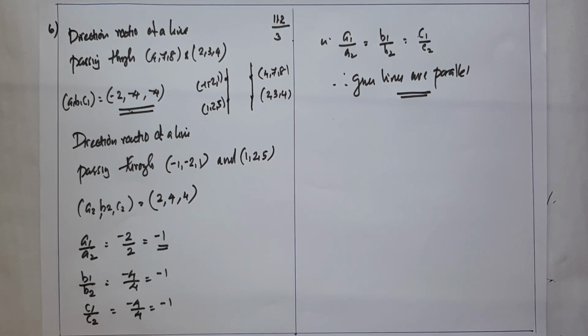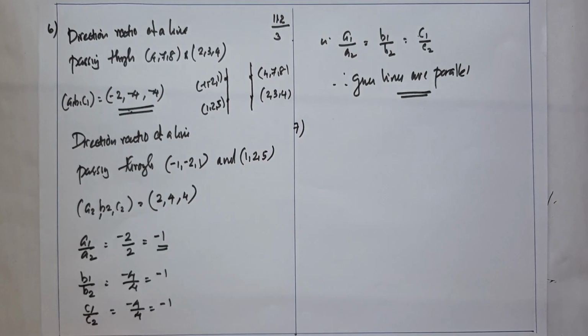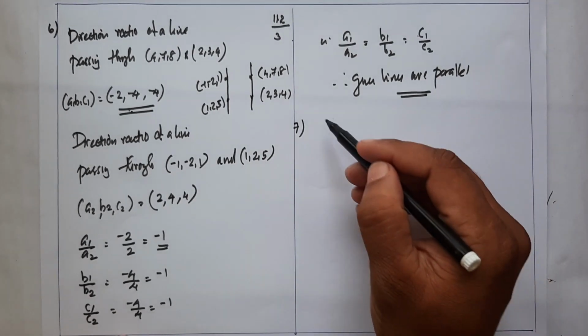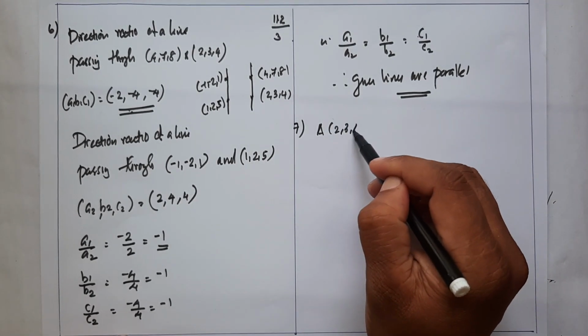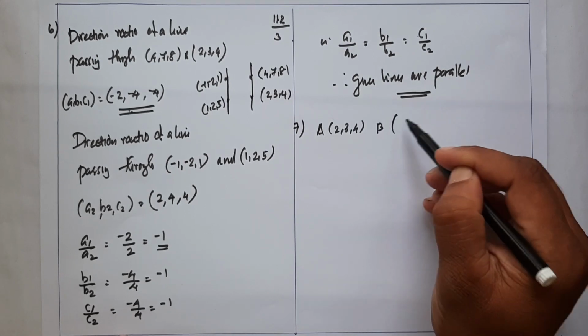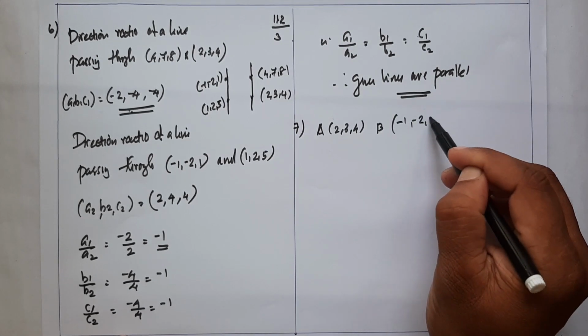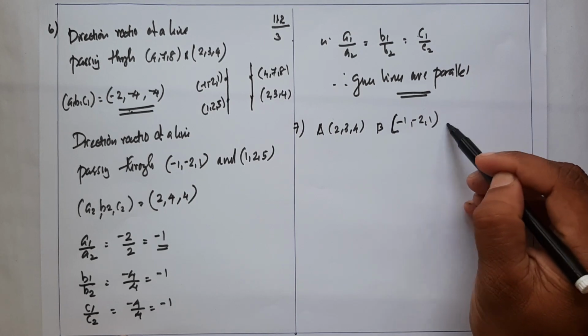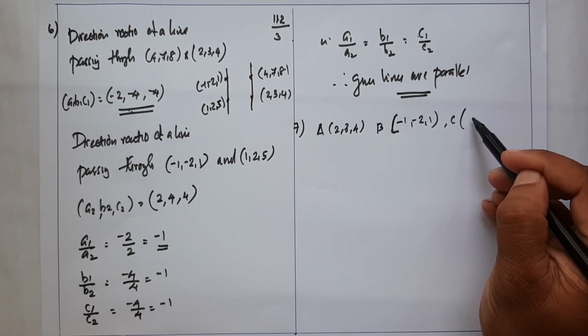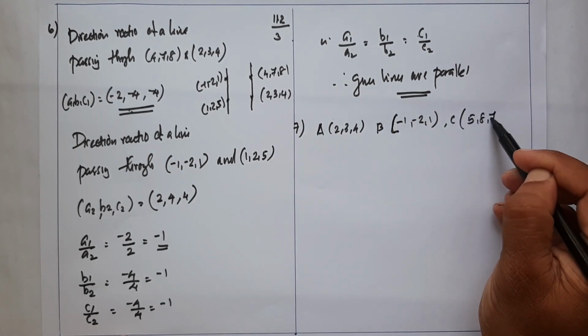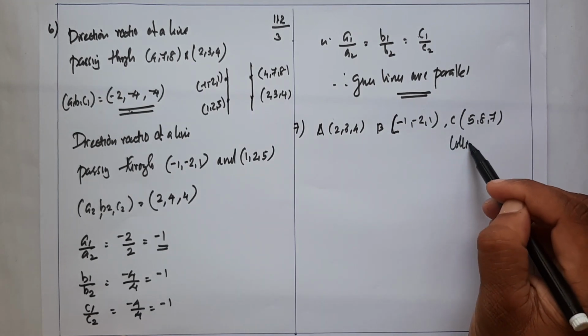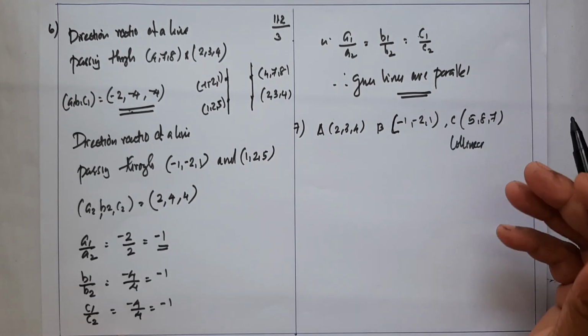Now we discuss one more question based on this topic. Show that the points A 2, 3, 4, B minus 1, minus 2, 1 and C 5, 8, 7 are collinear using direction ratio.